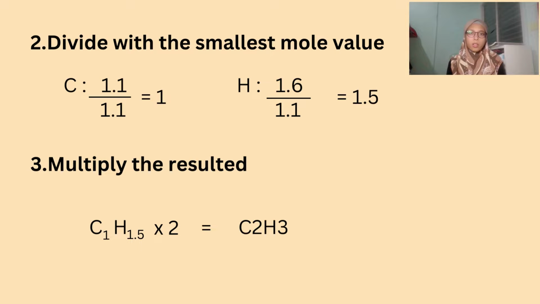And then for hydrogen, we got 1.6 mole, and it will be divided with the smallest mole value, which is 1.1, and we will get the answer 1.5. And lastly, we will multiply the result. In this slide, I multiply C1H1.5 with the number 2, which gives the answer C2H3.